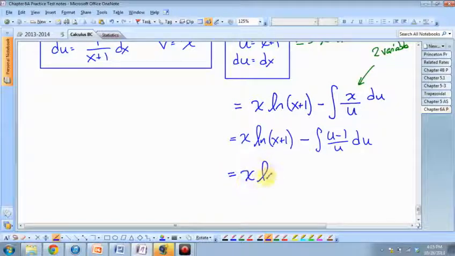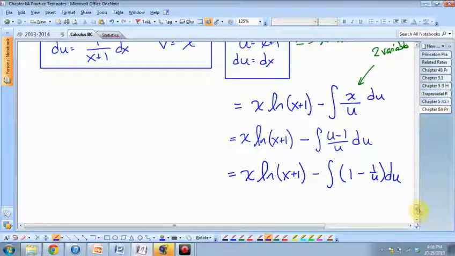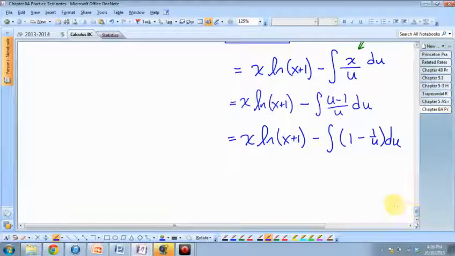x natural log of x plus 1 minus the antiderivative of 1 minus 1 over u du plus u. What a lot of work this problem is. Equals, I swear this is it. I swear.